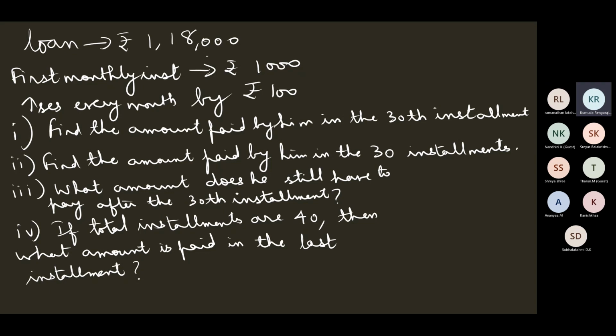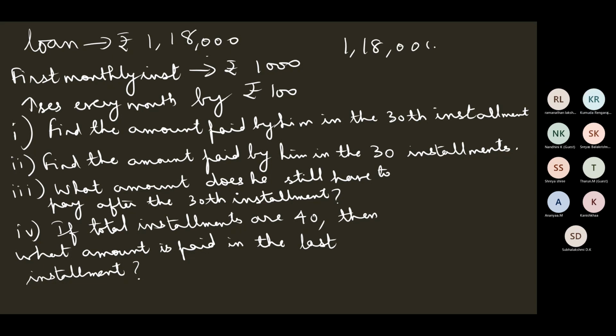You need to find S30, which is 73,500. Okay, what amount does he still have to pay after the 30th installment? 44,500. Correct.